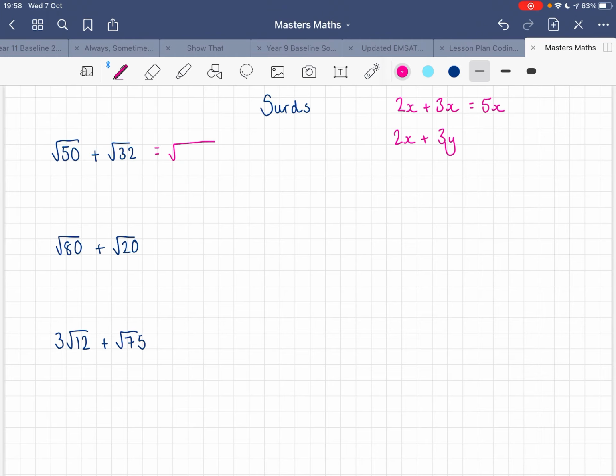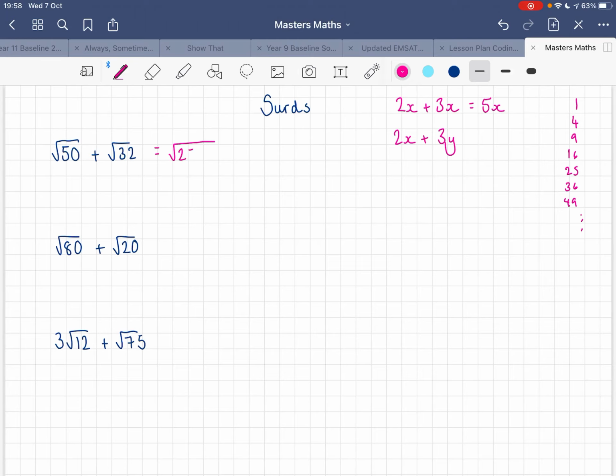So the square root of 50, if I write out my square numbers, I've got 1, 4, 16, 25, 36. Oh, that's embarrassing. I missed out 9. 1, 4, 9, 16, 25, 36, 49, and so on. 50 will divide by 25.